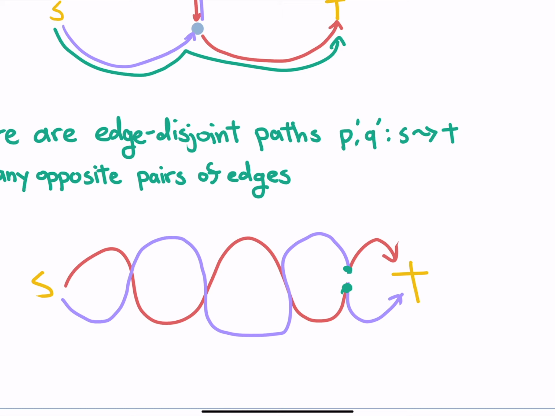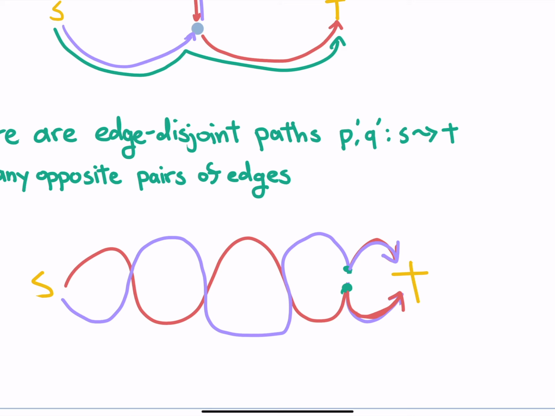And then purple is going around, and now I've cut off purple. I'm going to reach the green vertex, and I'll just use the red part to finish. Likewise red runs into that green vertex, and I'll use the purple to finish. So if I draw over it, that'll become purple, that'll become red. Now I have, again, two edge disjoint paths, and the number of reversed pairs of edges has gone down by one. So by induction, I can just take care of the rest.